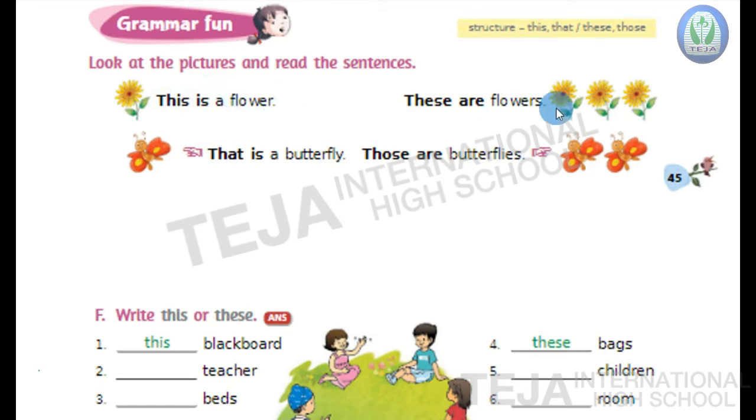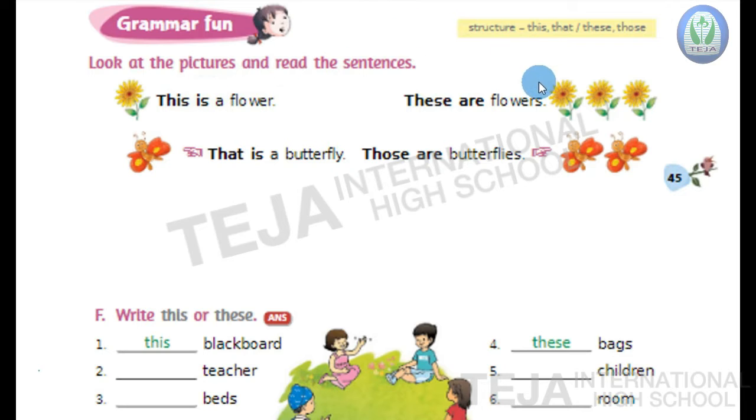If we talk about the plural forms, that is, more than one thing which is very near to us, then we will use these. We use these for the plural form, that is, more than one thing or one item which is near to us. In the same way, if one item is there, we use this.